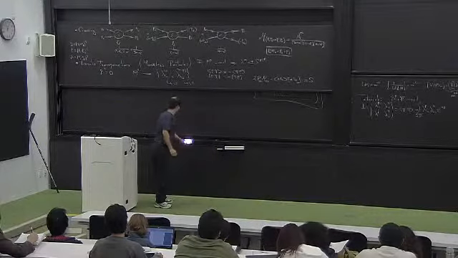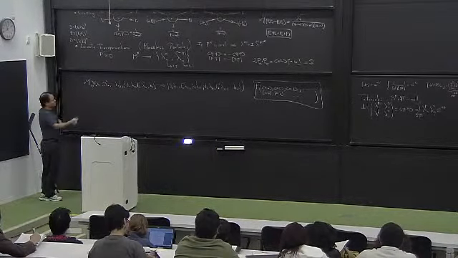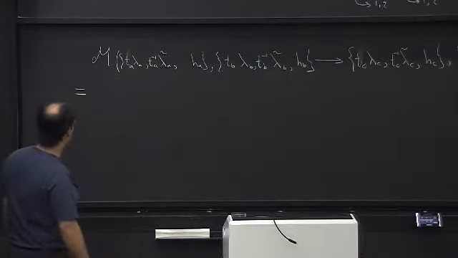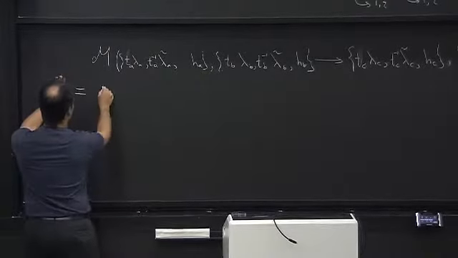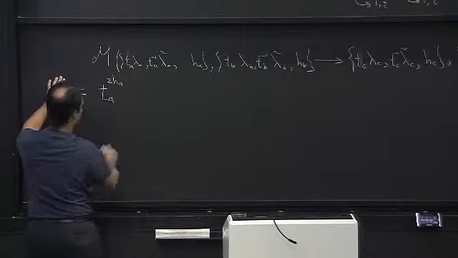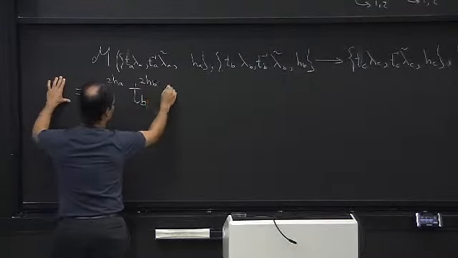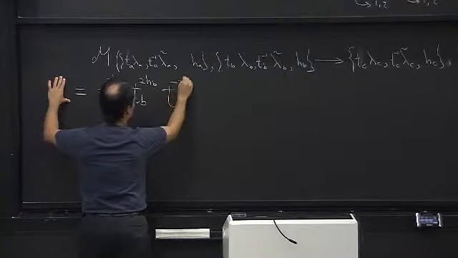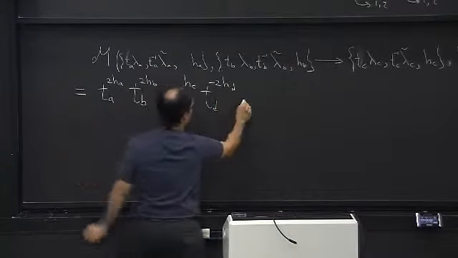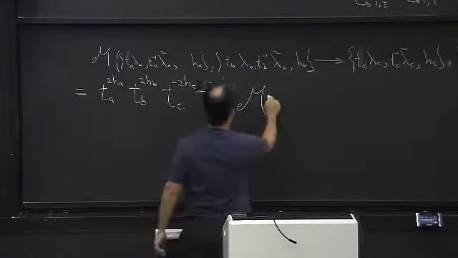Okay. Now, this function, whatever function it is going to be, it's going to have a chance of being correct if it transforms like TA to the 2HA, TB to the power 2 times HB, TC to the minus 2HC, and TD to the minus 2HD times the object without the rescaling.